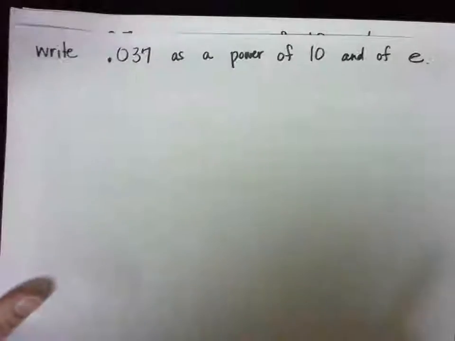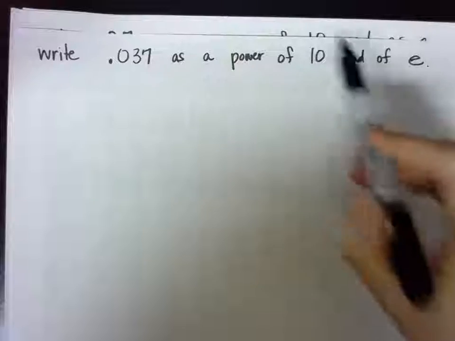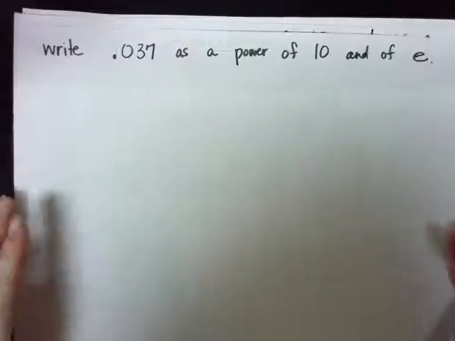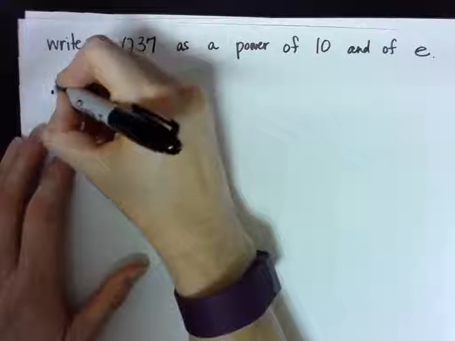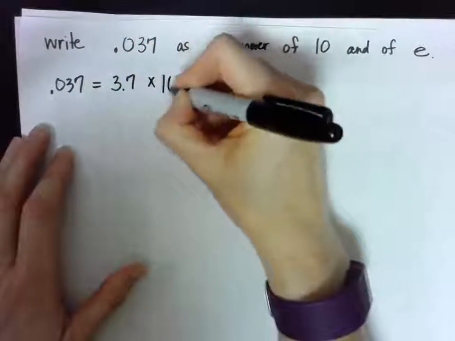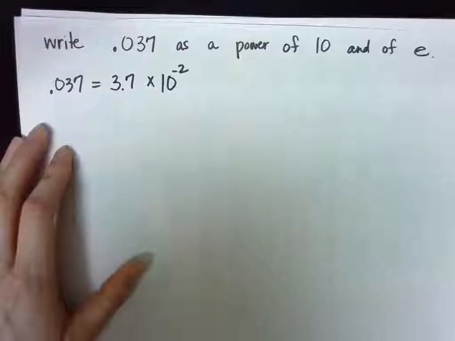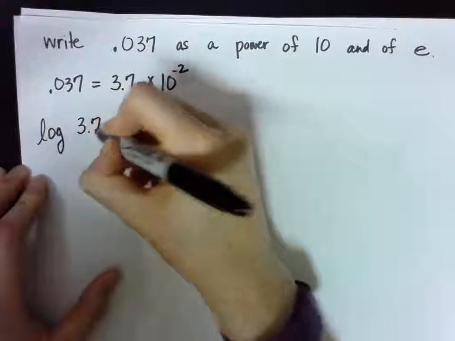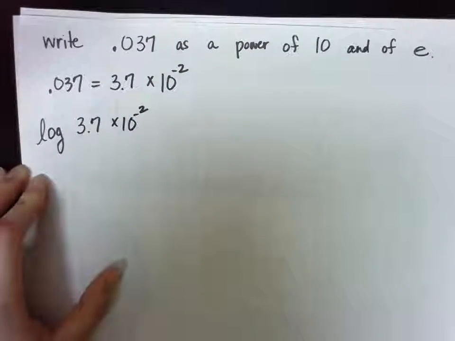Okay, and our last one, let's go ahead and figure out what the log of 0.037 would be without using a calculator for the power of 10. We'll go ahead and do it for e with a calculator because we don't have nice things to figure out. So 0.037 is the same thing as 3.7 times 10 to the negative 2, right, because if we just move that back 2 spots. So if we were to find the log base 10 of 3.7 times 10 to the negative 2, the log of this product is just the sum of the individual logs.